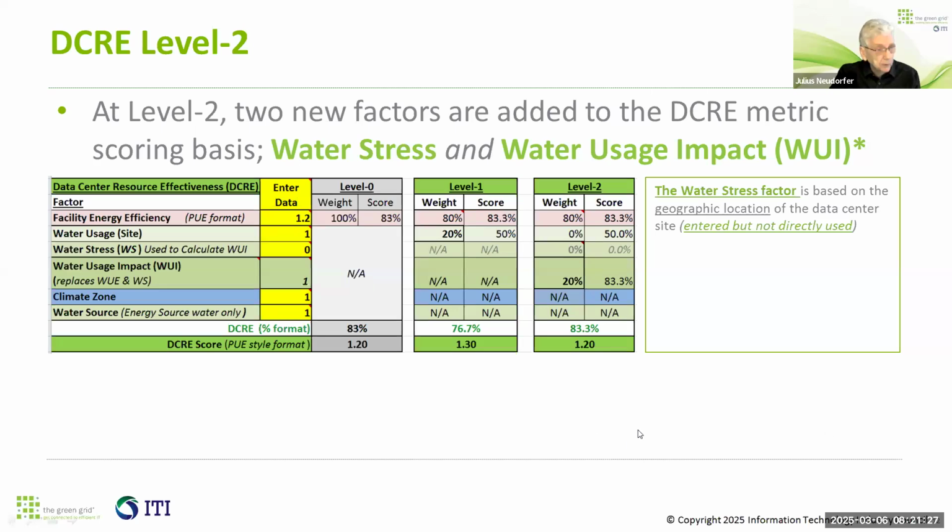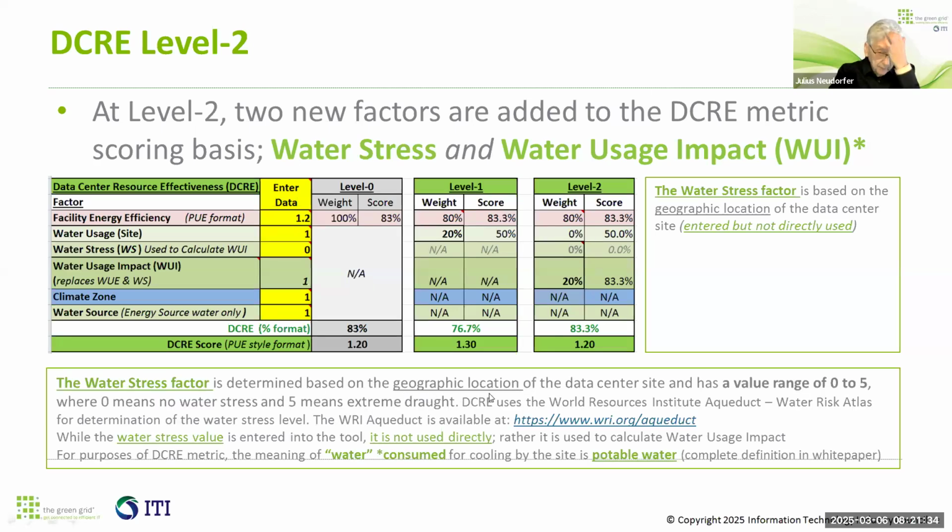And this is true globally. It's not just a US thing or a European thing, it's a global problem. So this geographic information, we said, well, TGG could go around the world and try to get this information. And we figured we were having enough trouble just doing it by ourselves to get this metric going. So we looked around for sources, and WRI is an internationally recognized source.